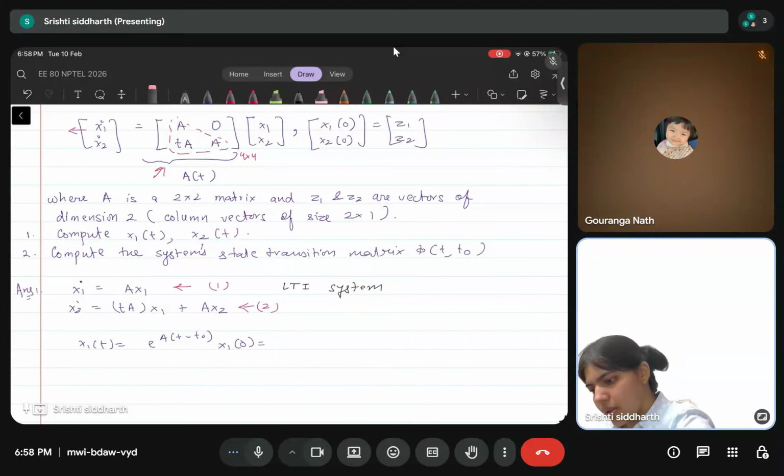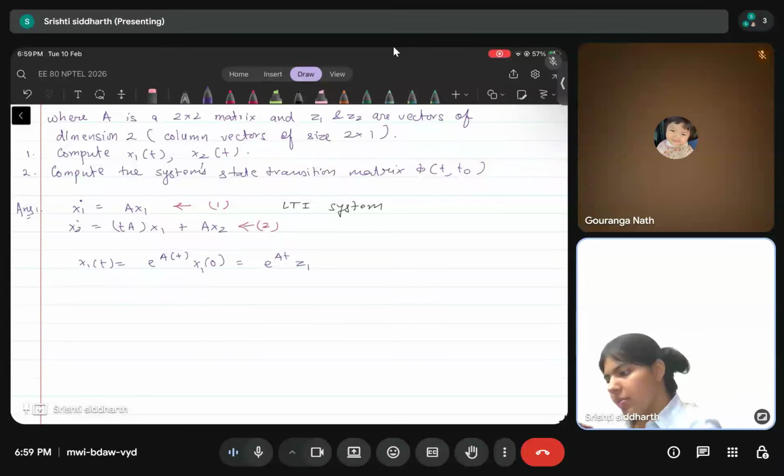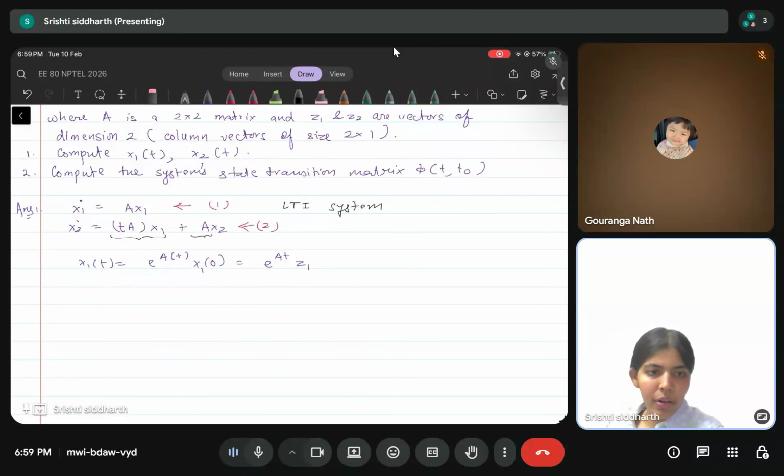So let's remove t naught. This is e to the power At times Z1. Okay. And now for the second system, this acts as an input and this is the system matrix which is constant.